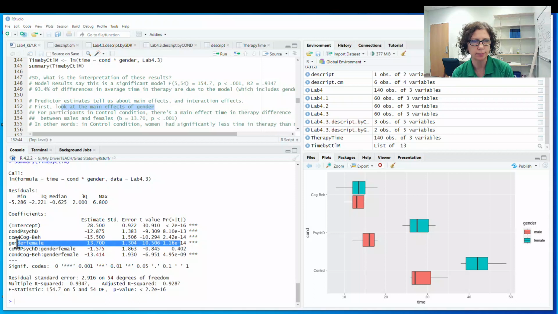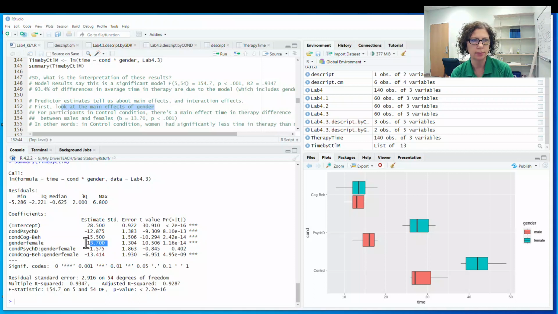We see that it's a significant main effect for gender. The difference between male and female is 13.7. Females spend 13.7 more weeks on average than males, and it is a significant difference.